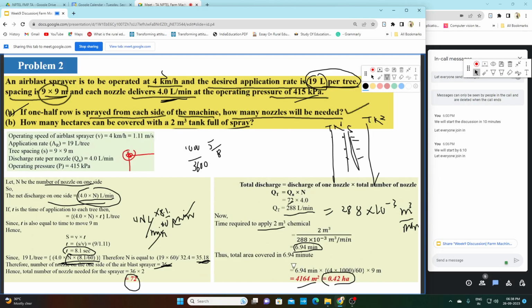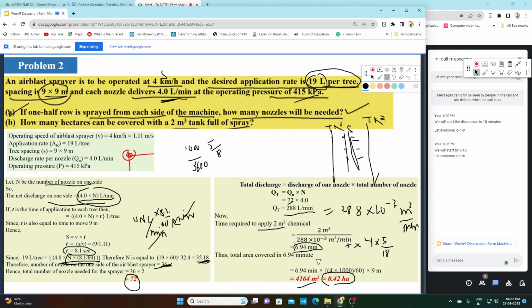So again I am repeating, we get time from this 2 meter cube. When we divide by total discharge, we get the time. Now we also know the speed, that is 4 kilometer per hour, which means 4 into 5 by 18 meter per second.